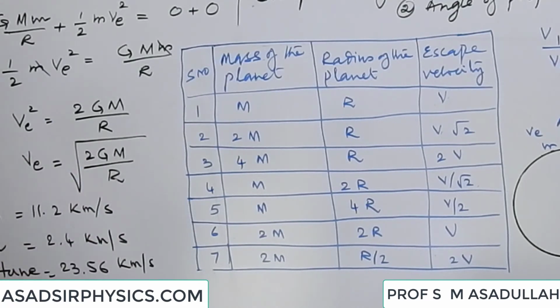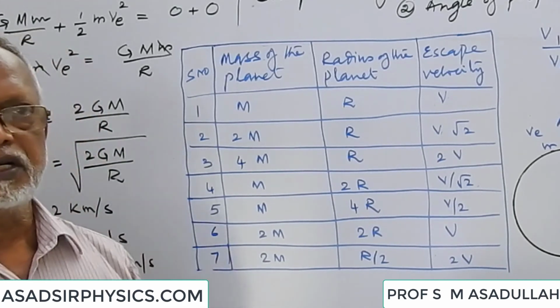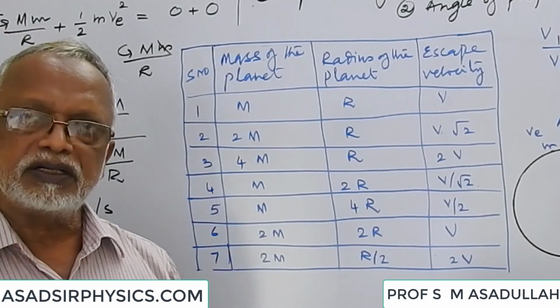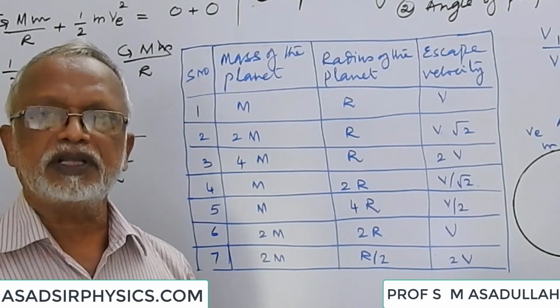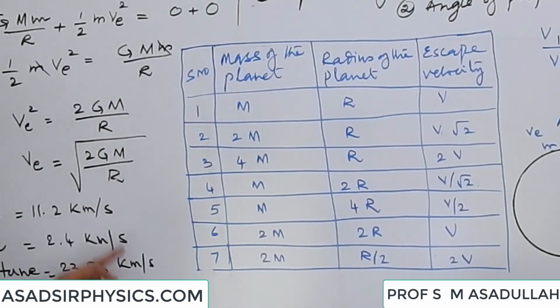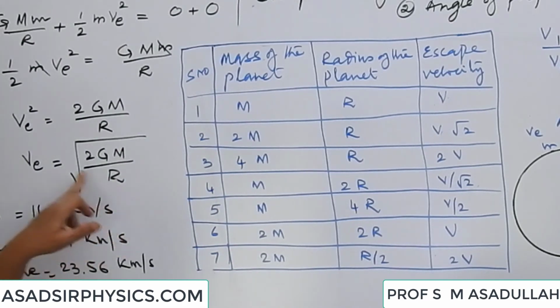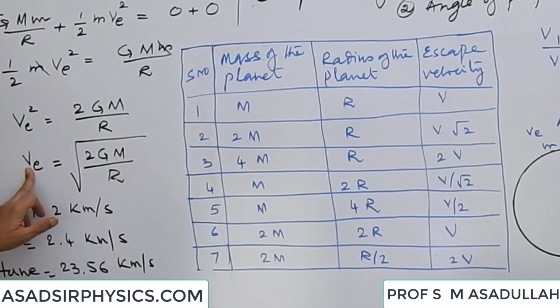That we understood. Suppose it is said that the radius is just increased by 1%. You see 1%, there is a root here. Whenever small changes have got a power, the overall change is multiplied by the power. So if radius is increased by 1%, escape velocity decreases by 0.5%.